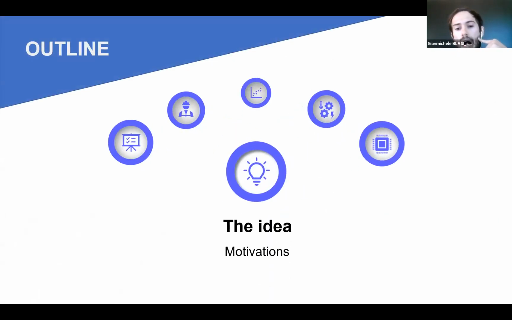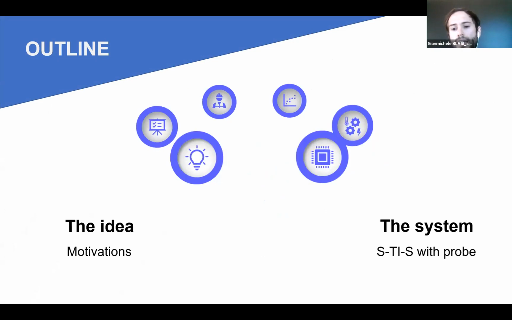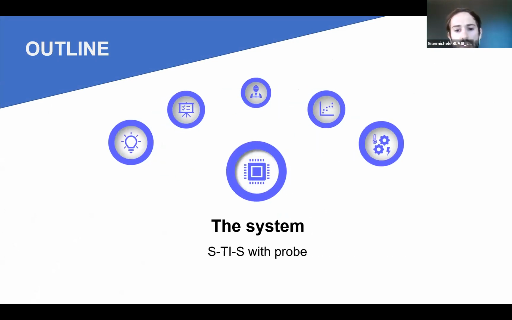First of all, I will show you the general idea and a bunch of motivations that drove us toward this work. Then I'll give you some details about the system we are considering. As you understood, it is an S-TI-S hybrid topological Josephson junction in contact with a metallic probe.